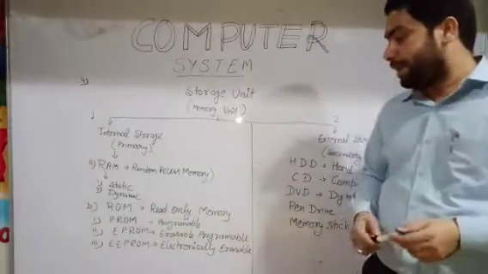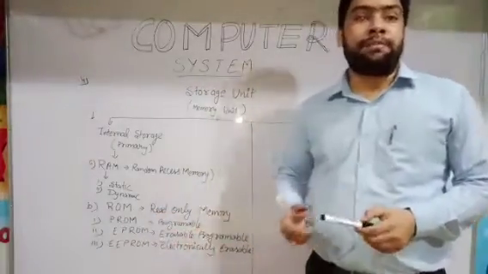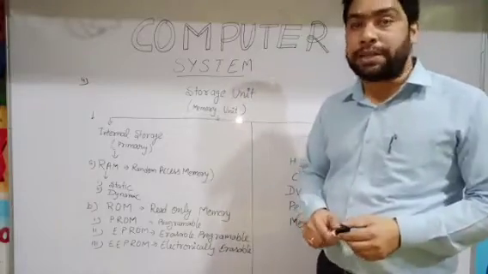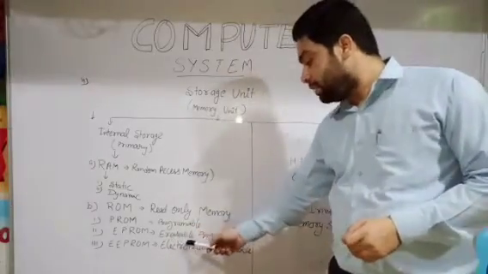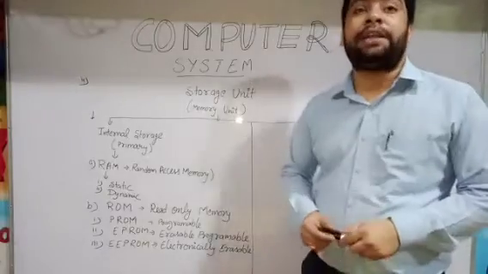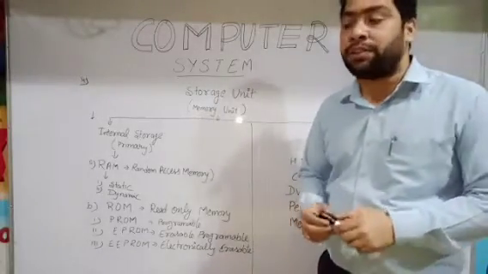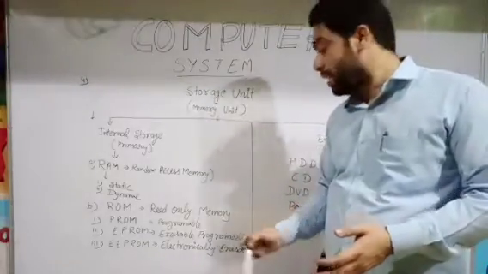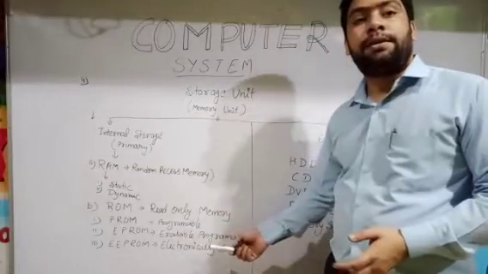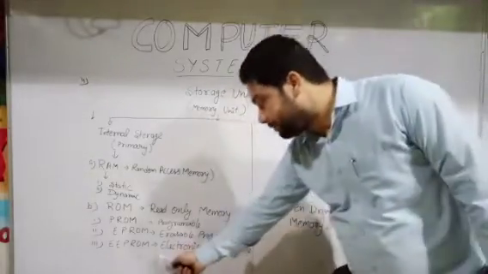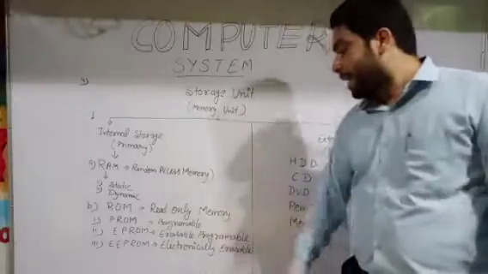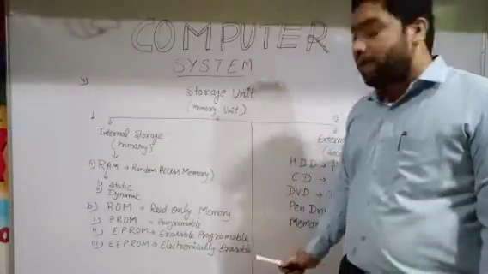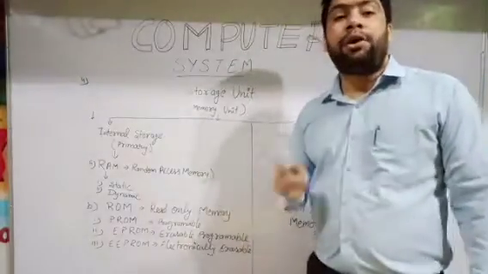Now the second one. Some systems which are very useful for companies use EPROM, erasable programmable read-only memory. With a certain action, the data is erased from the system. The last one, EEPROM, electronically erasable programmable read-only memory.